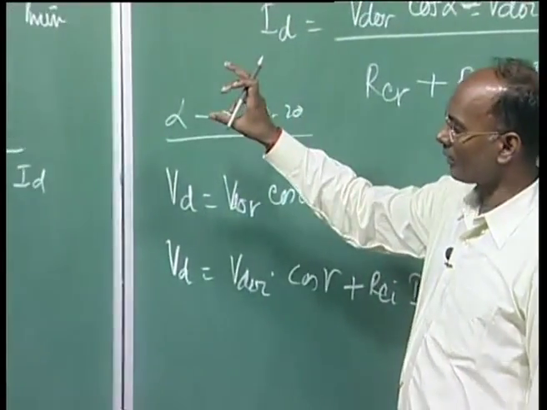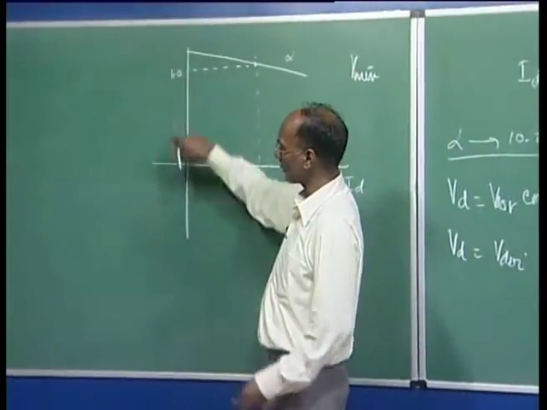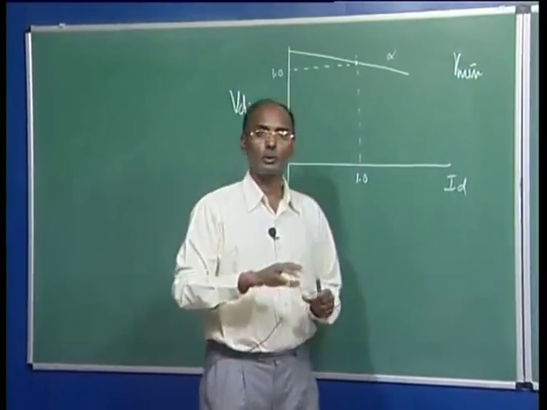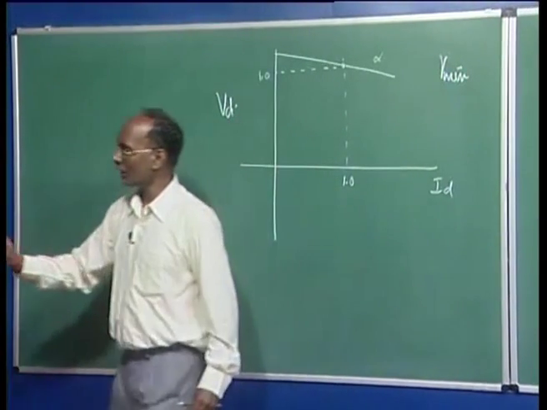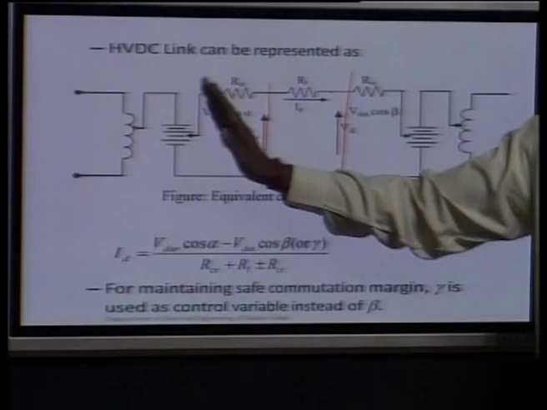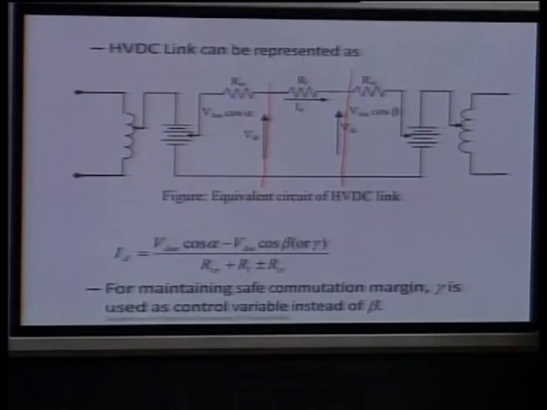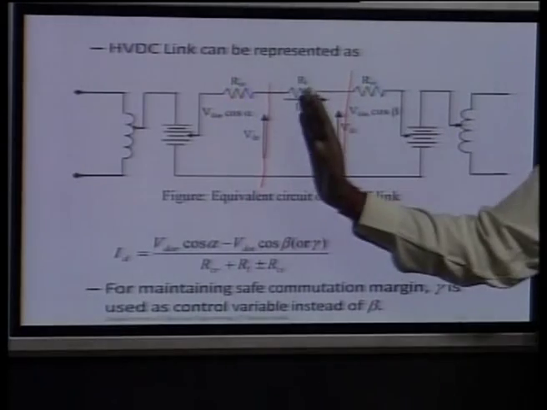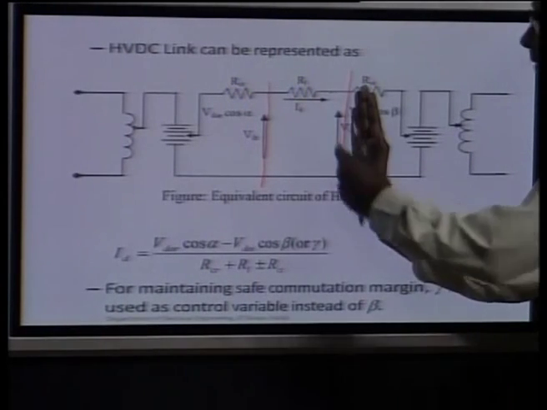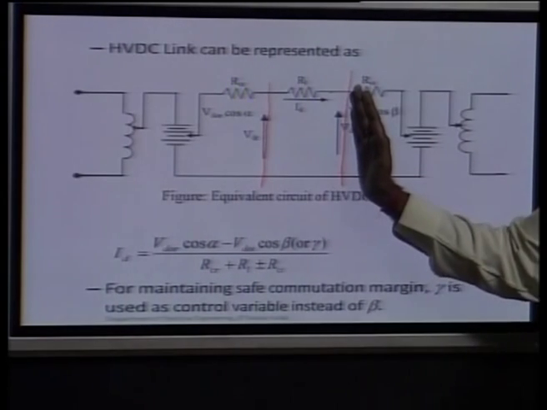Where you are taking the VD voltage, there are two options. You can take VD here. This side is one equation, this side another equation, because VD is the same, we are drawing VD on the same axis. So we can take from here this one, and either we can take VD here, these two resistances together.